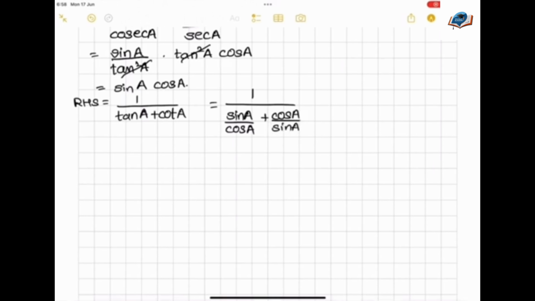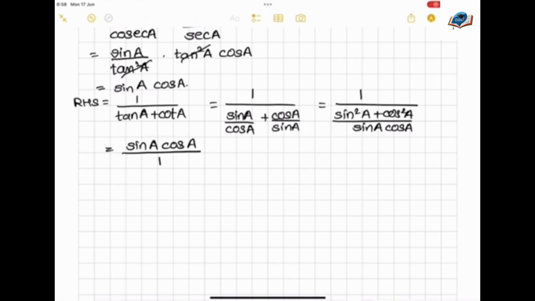So 1 upon sin square A plus cos square A upon sin A cos A. So sin square A plus cos square A will be 1. So sin A cos A upon 1. So therefore it is equal to sin A cos A. Now both I have got as sin A cos A. So LHS equal to RHS.